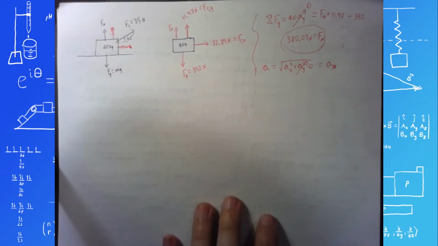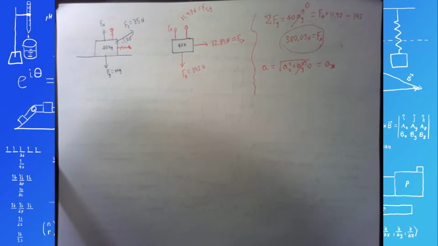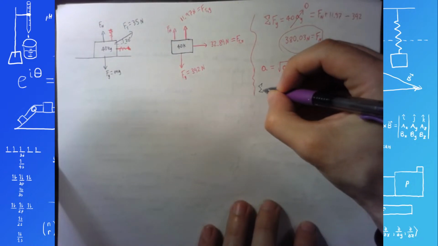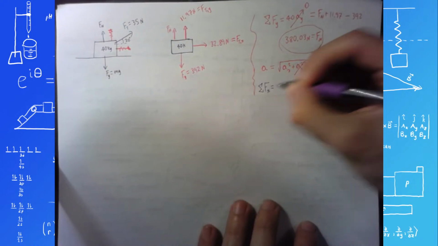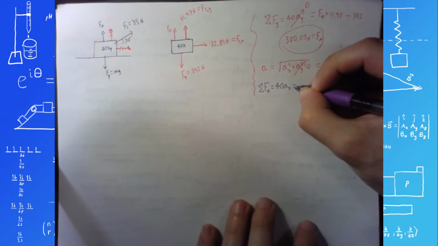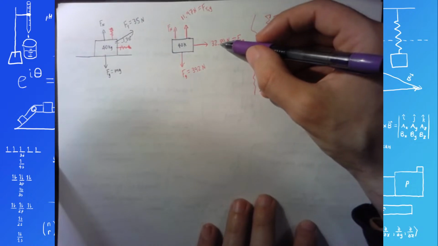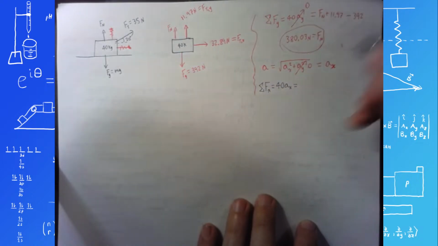Anyway, acceleration in x can be calculated from net force in x. So net force in the x direction is equal to the mass, 40 kilograms, times the acceleration in the x direction, which I don't know, that's what I'm solving for, is equal to forces in the horizontal direction are 32.89, and that's it.